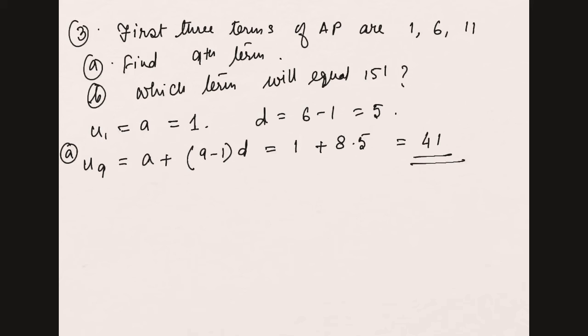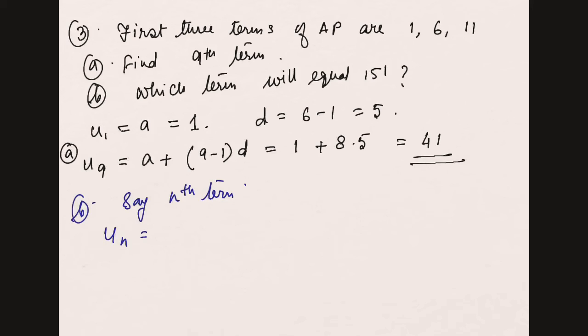Now let us find out part B. What is asked is which term will equal 151. The term number we don't know, so say nth term. How do we write this with the information?